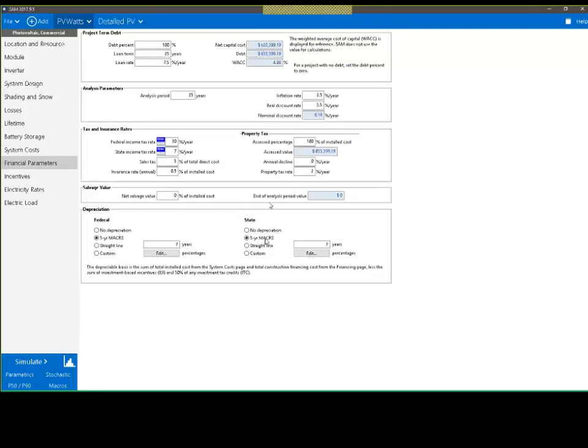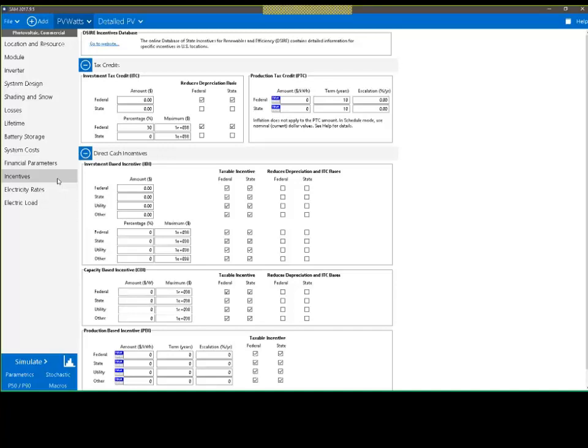We account for costs like insurance, various kinds of taxes that you may have to pay. And then for commercial projects, we also account for a depreciation benefit. And then incentives, there are various kinds of incentives that your project may qualify for. Those are all accounted for. And we have, as you can see, lots of different flavors of tax credits and cash payments that you might qualify for.